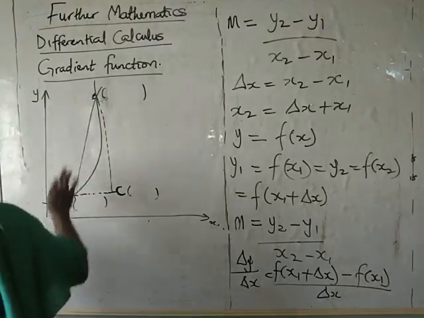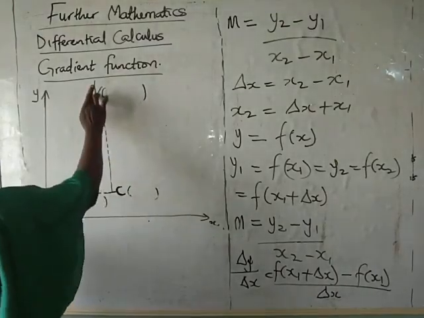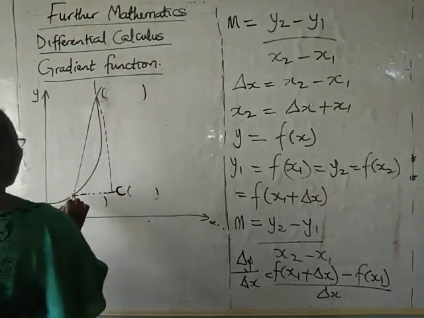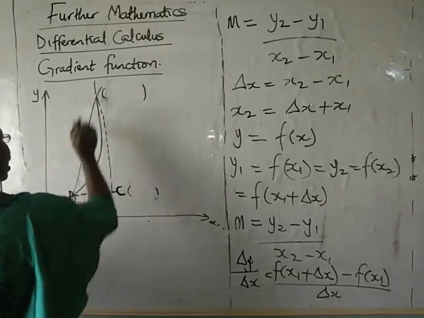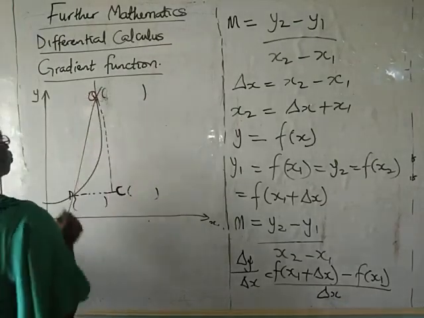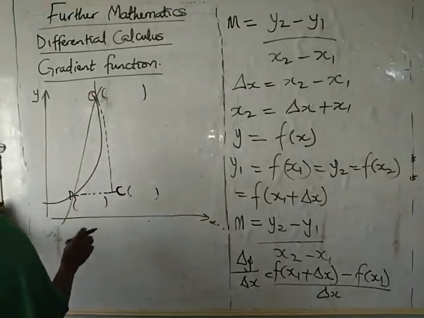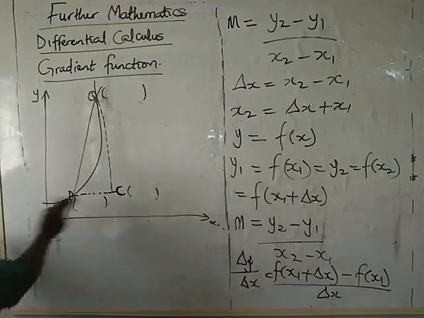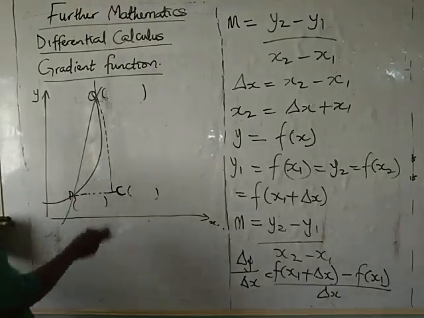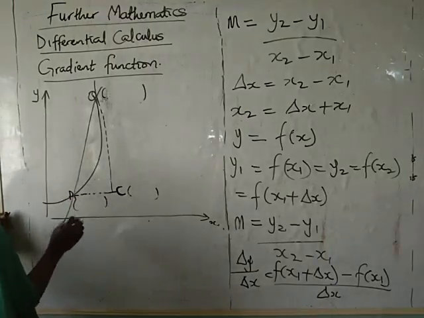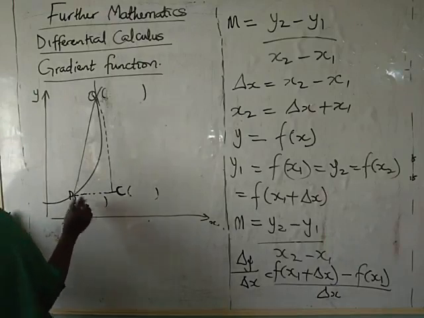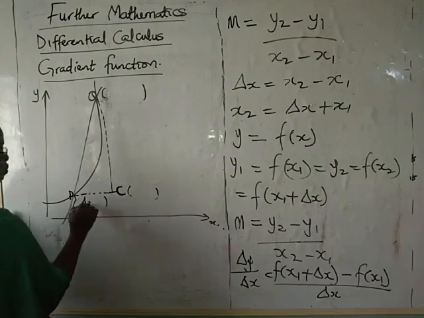From the diagram now, I want to change the parameter here. Let this place be point P and let this place be point Q. So at this point P here, I have my x value, which is delta x. This place will give me delta x.